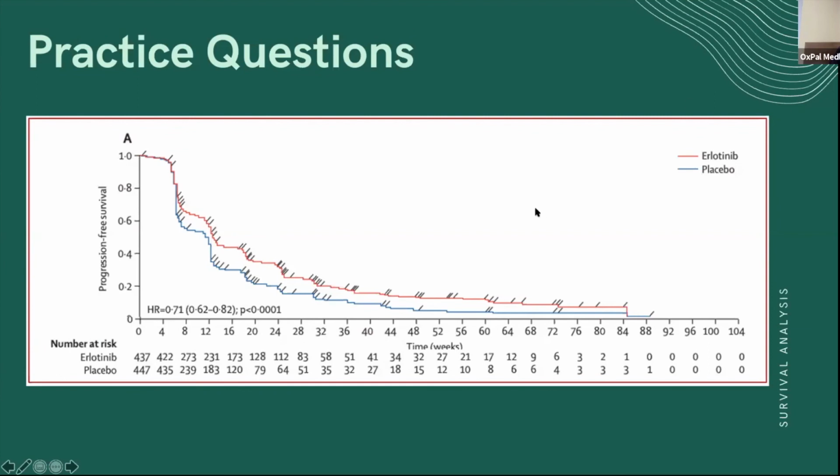But what I want you to focus on here is the hazard ratio. The hazard ratio is 0.71 and the confidence interval, since they did Cox regression here, is 0.62 to 0.82, and the p-value is 0.001.